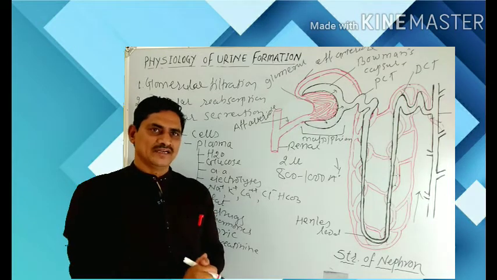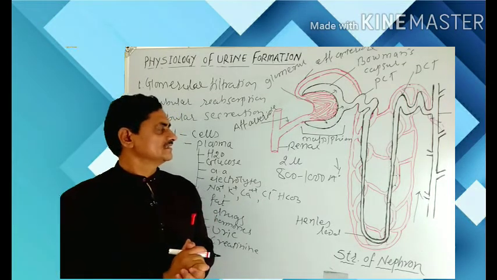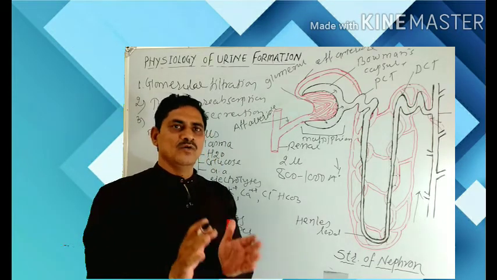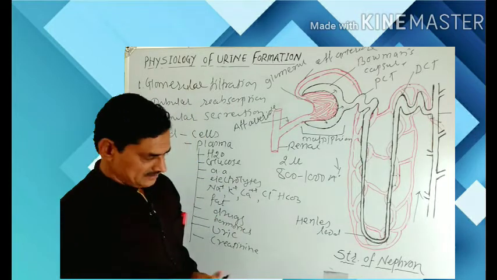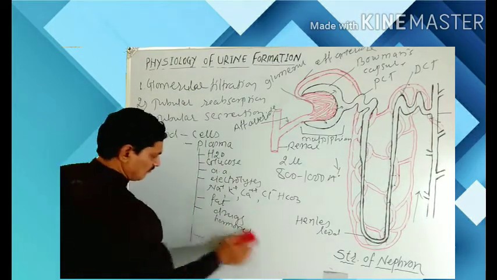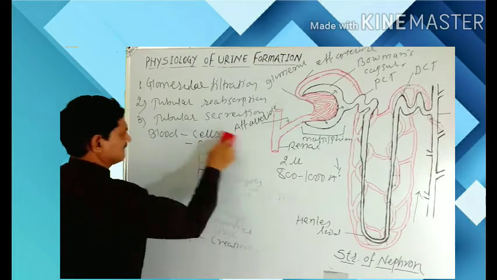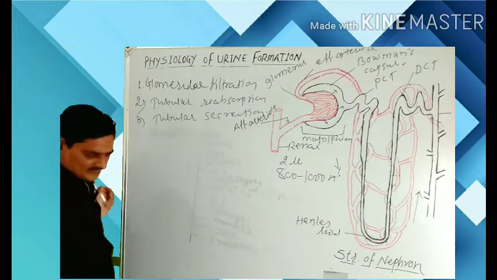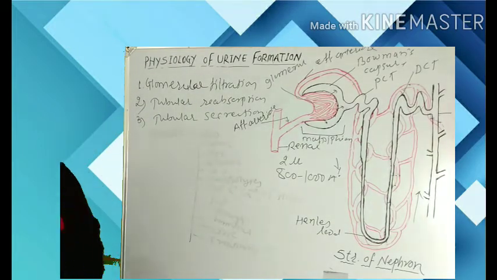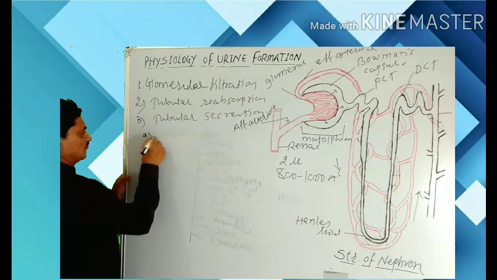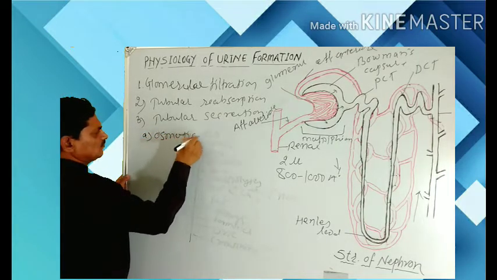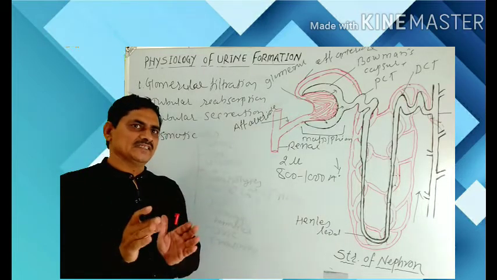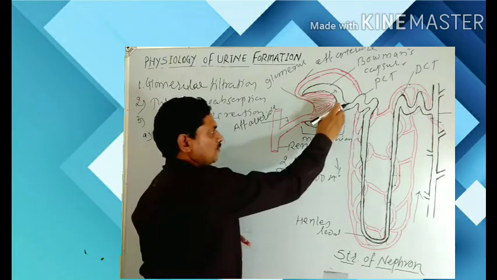This glomerular filtration occurs due to 2 physical factors. These 2 physical factors are, one, the osmotic pressure. This osmotic pressure is exerted by the colloidal substances inside and outside the lumen.